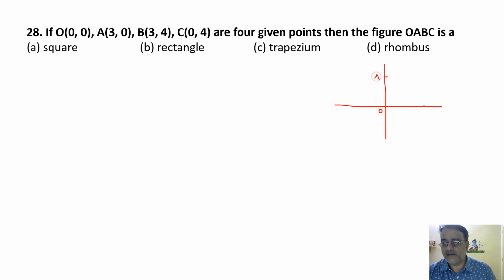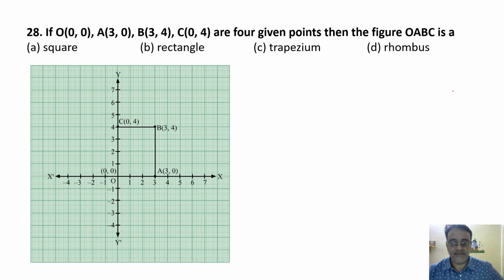This is A, (3,0) and (0,4) this is C and (3,4) it is given. कौन सा figure मिल रहा है? Rectangle. ठीक है. So this is 3 units and this is 4 units. So this is the shape of rectangle.